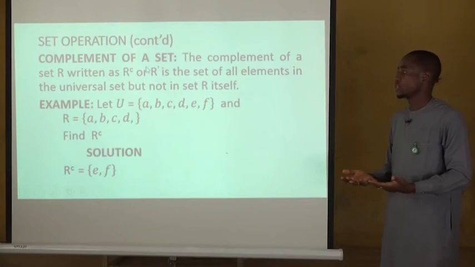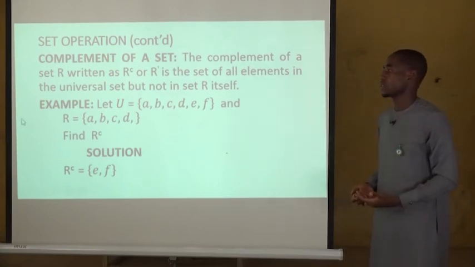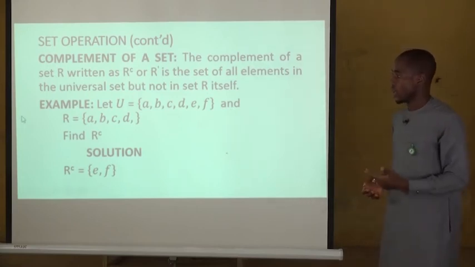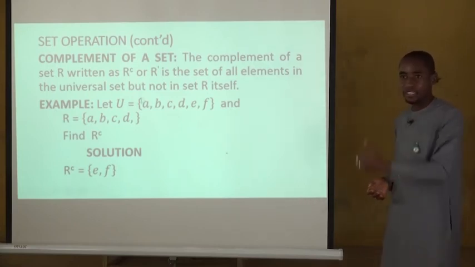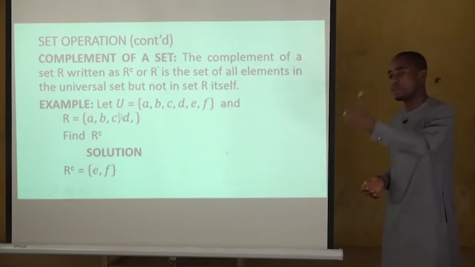What we are saying here in general, when you are given a universal set, maybe a set of A, B, C, D, E, and F, then a subset R: A, B, C, and D. What we mean by a complement of a set, these elements are in the universal set, but they are not in set R. That is what we mean by complement.